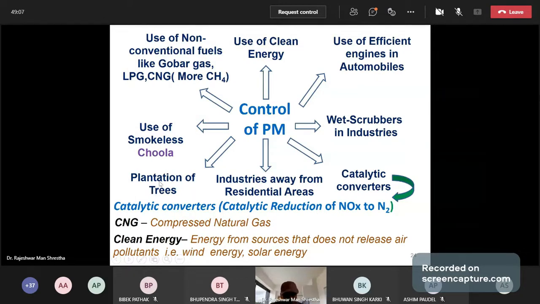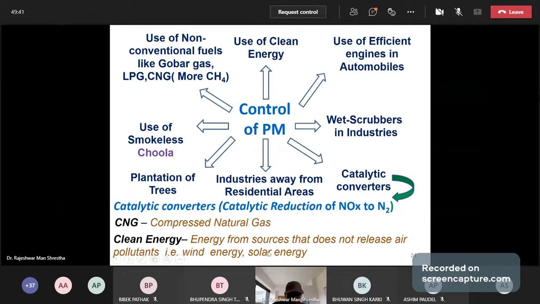And plantation of trees, and industries should be established away from residential areas, but in Nepal, the Patan oil sector and Balaju industrial area are near residential areas, and so many houses have been established within the area. So industry areas should be away from residential areas by 5 kilometers or 10 kilometers.